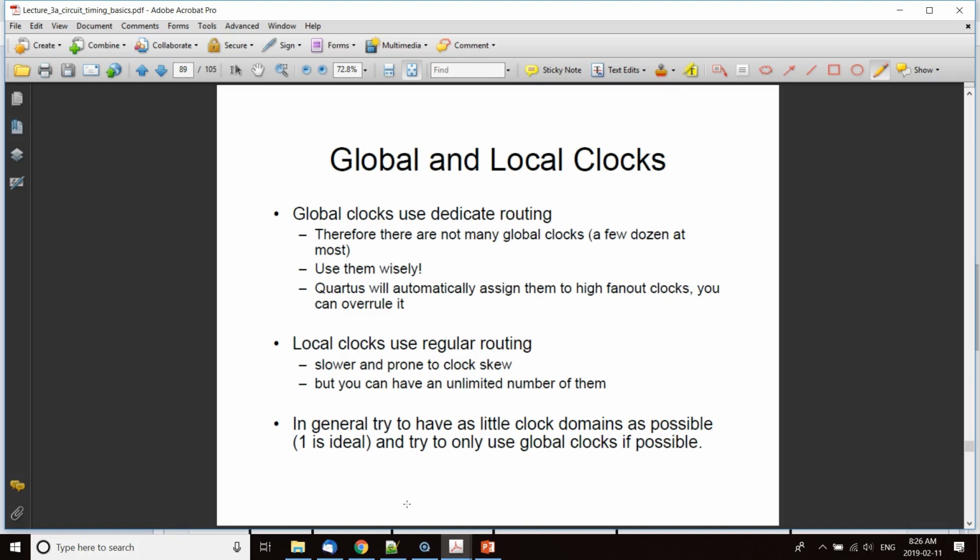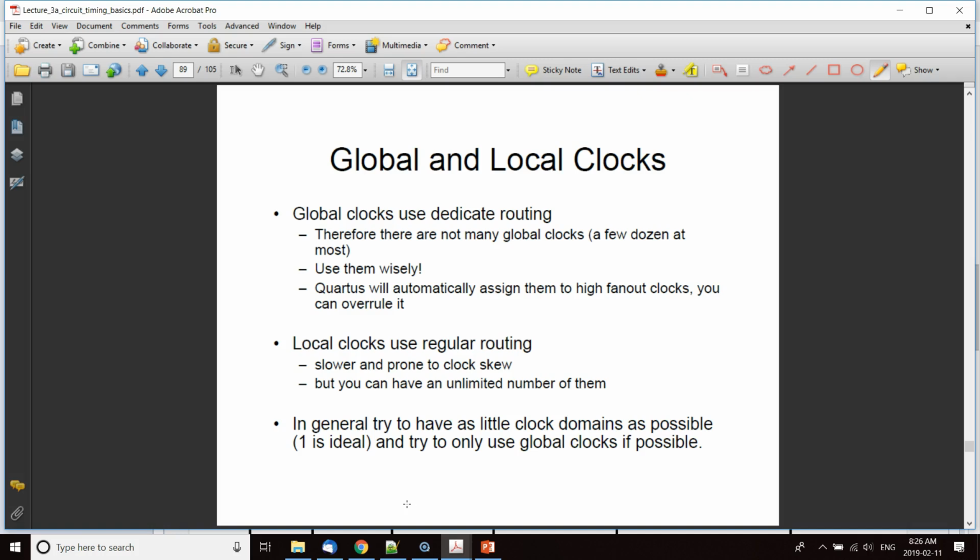If I have high fan out and high speed, so I need to drive a lot of flip-flops and I need to do it fast, then I should use a global clock, right? So that prioritizes which one should use a global clock.